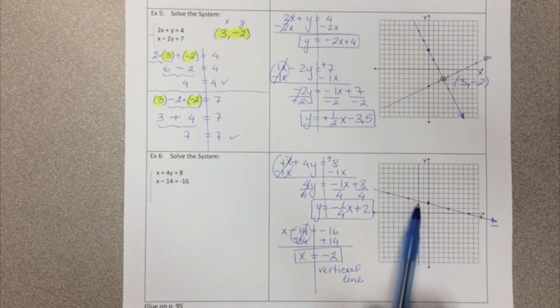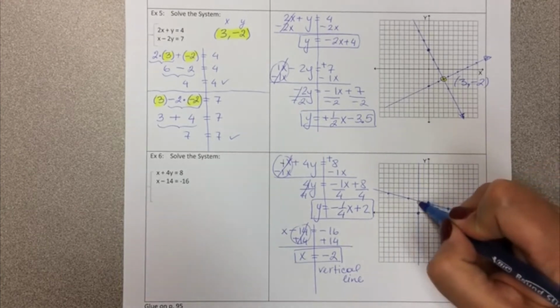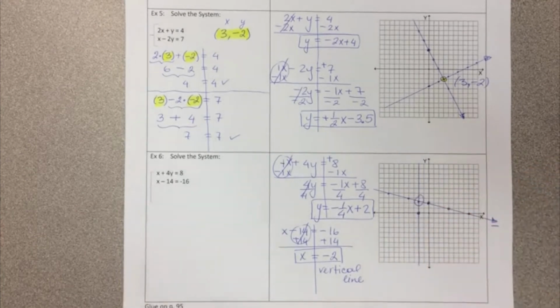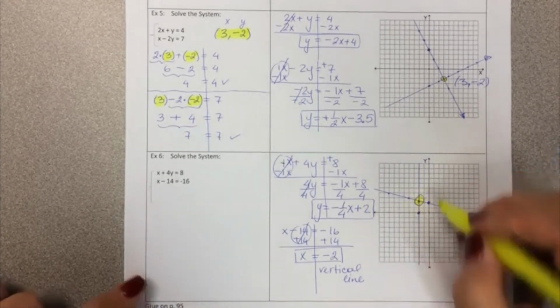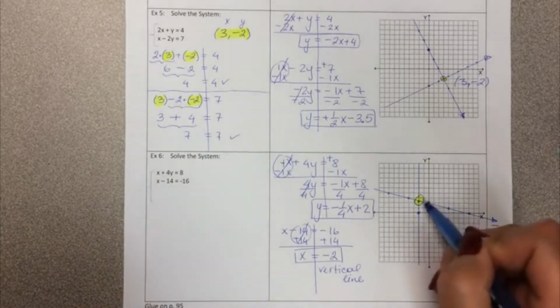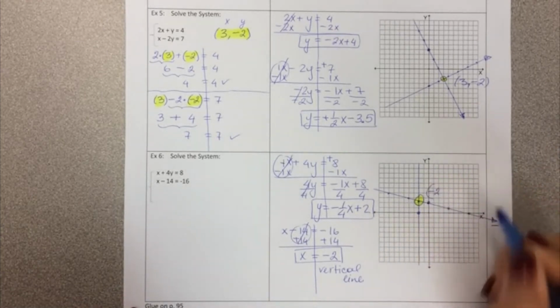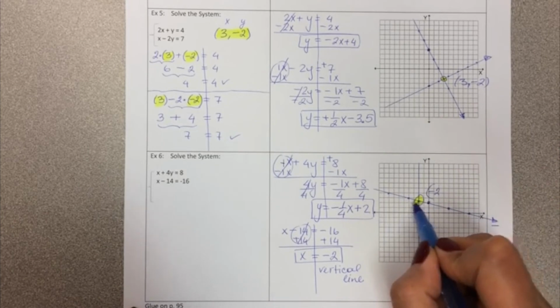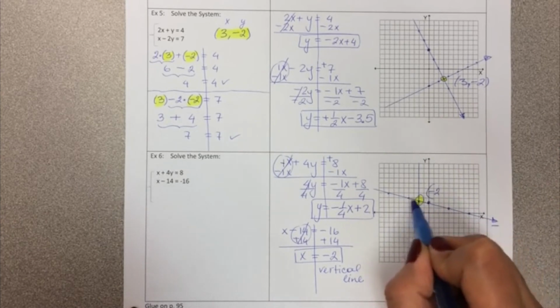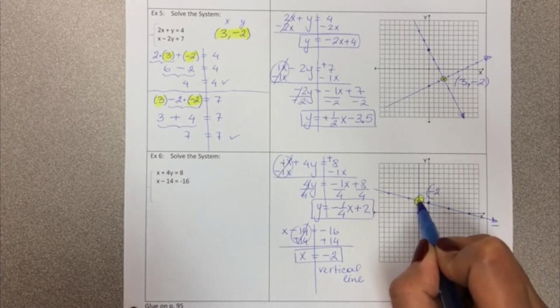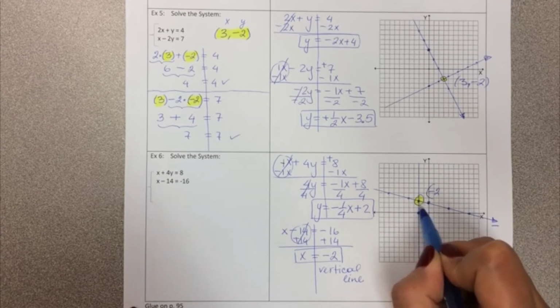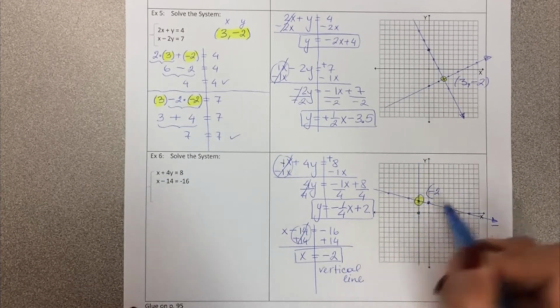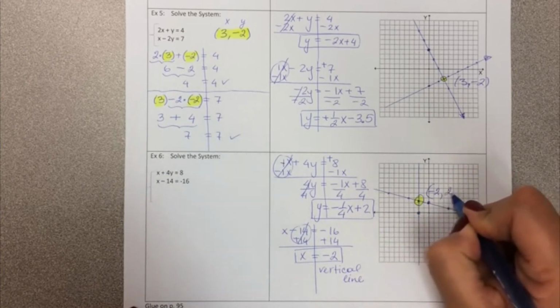So here is the solution. The solution is where the lines cross. This solution is negative 2 and then 1, 2.5. So this point is right in between these two. It is in between the 2 and 3, so that will be 2.5.